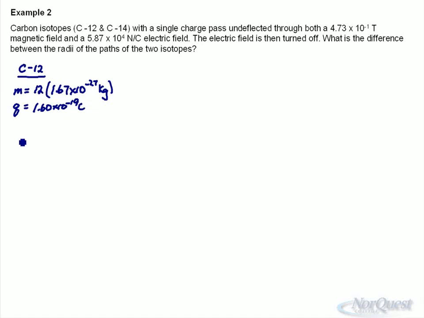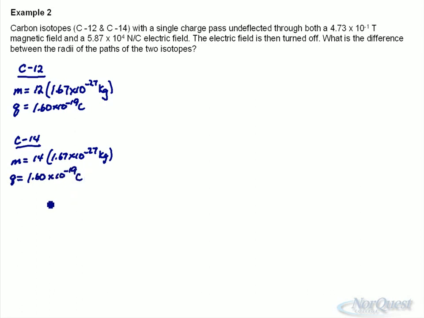And we also have carbon 14, and it has a mass of 14 times 1.67 times 10 to the negative 27 kilograms, and it's also singly charged, 1.60 times 10 to the negative 19 coulombs.